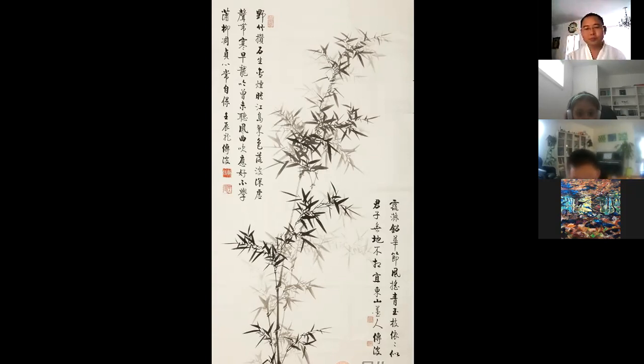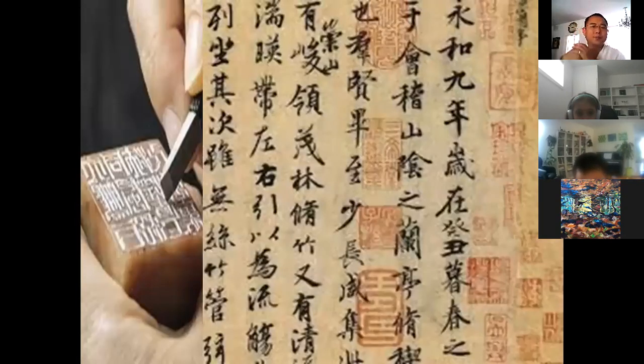And also this one. Those are seals. In almost all, not all, I think most Chinese ancient paintings, we can see a lot of stamps, the seals. Sometimes this seal is the artist's own.